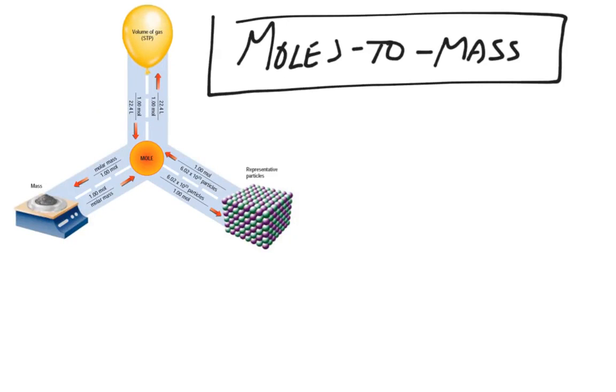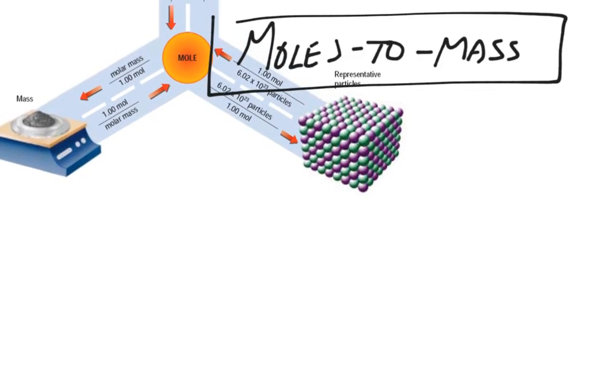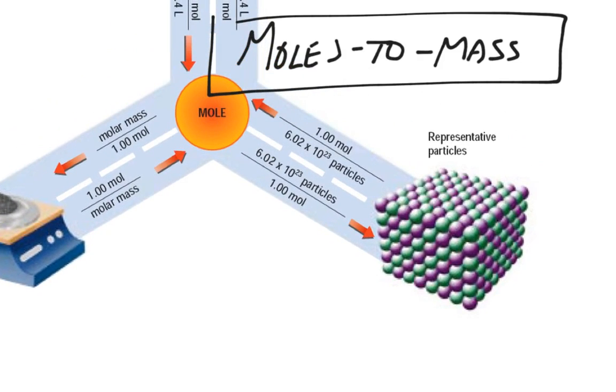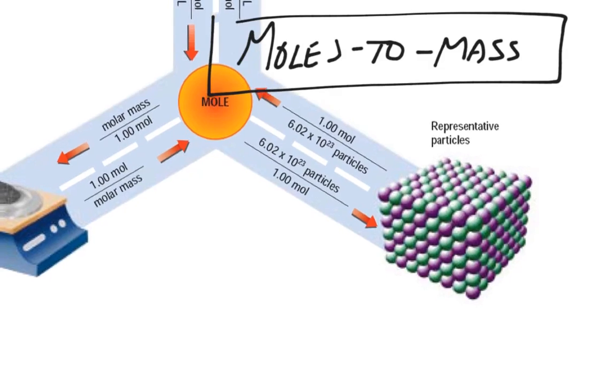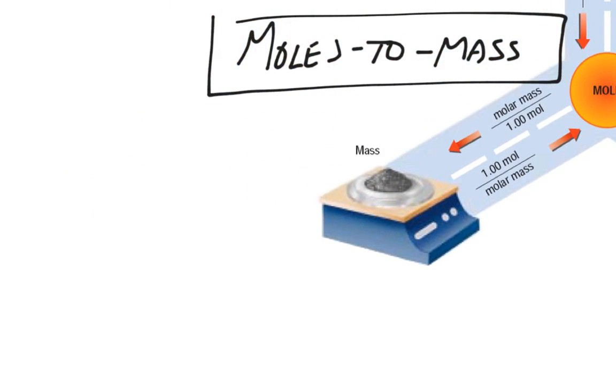Alright, the last thing that I want to explore before we close this video out is exactly how we're going to work with this molar mass idea. If we look at this bottom section of the mole map, we're looking at the mole found over here going to mass found over here. And the tool that we use to get there is molar mass.